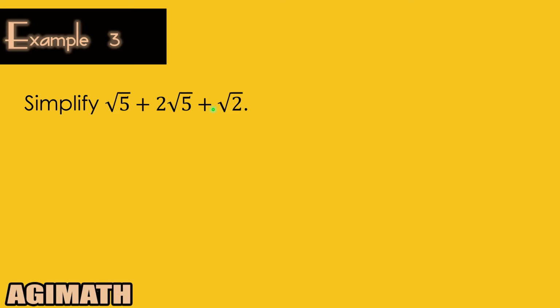So what we can do is stick with the rule. Just combine similar radicals. So we can combine, we get the square root of 5 because it is the common radical, and then add. Now what can we add? We cannot see any coefficient before square root of 5.